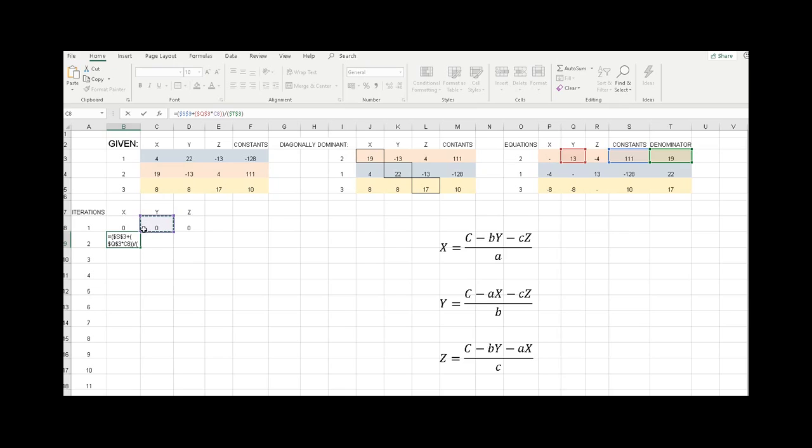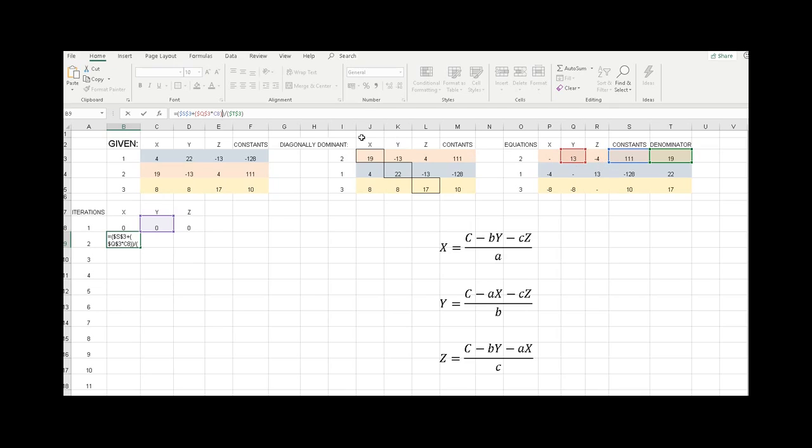Now, as we move towards the second, third, and further iterations, we can see that all the values would change after some iterations. So we don't need to put dollar signs here. Now, the next equation is plus CZ, because again, we've already transposed the corresponding coefficients and their variables.